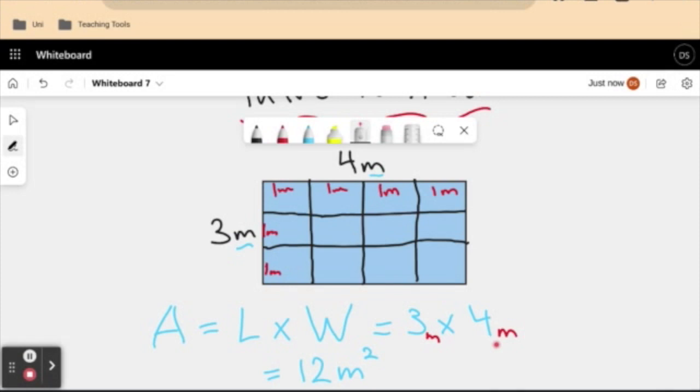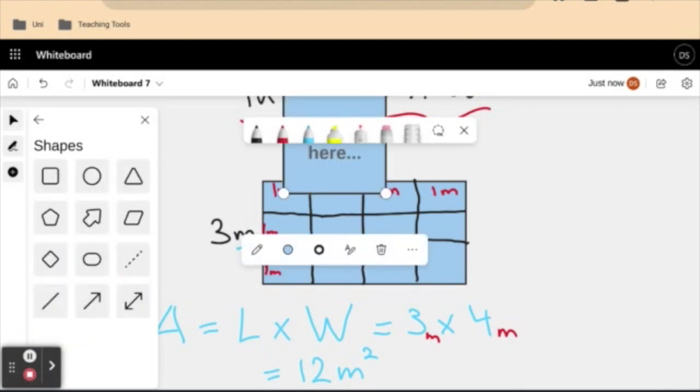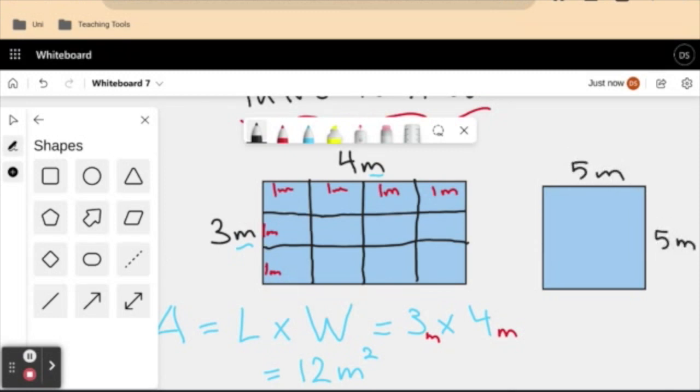So a rectangle is one example, and also a square would give us a square of, say, let's say these are 5 by 5. So we have 5 meters by 5 meters. Multiplying these two will also give us our area.